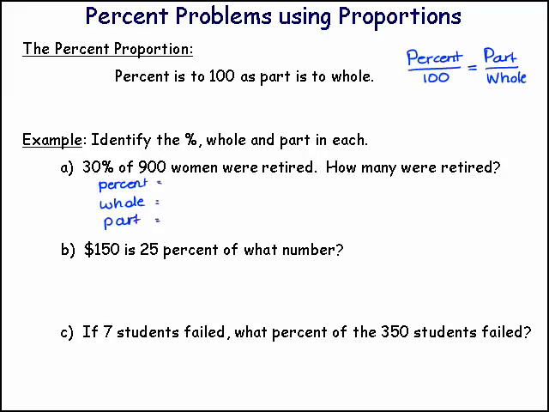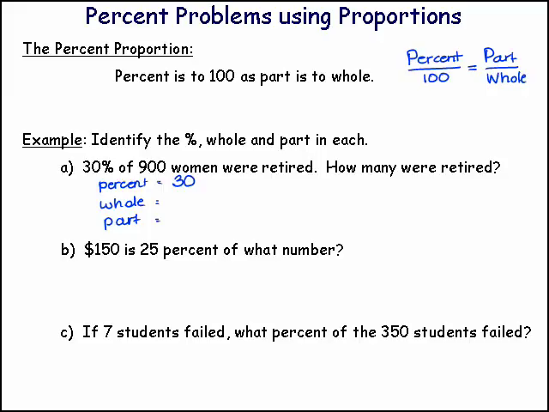It says 30% of 900 women were retired. How many were retired? What does the 30% tell you? Well, that's the percent. The percent would actually be 30, because by placing it over 100, this makes it 30%. Now let's look at the whole and the part.